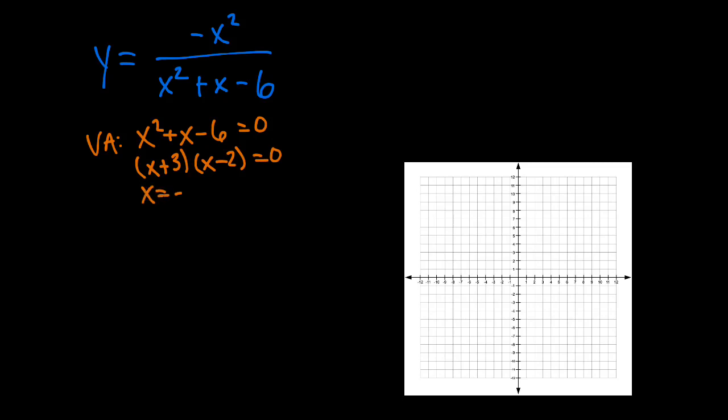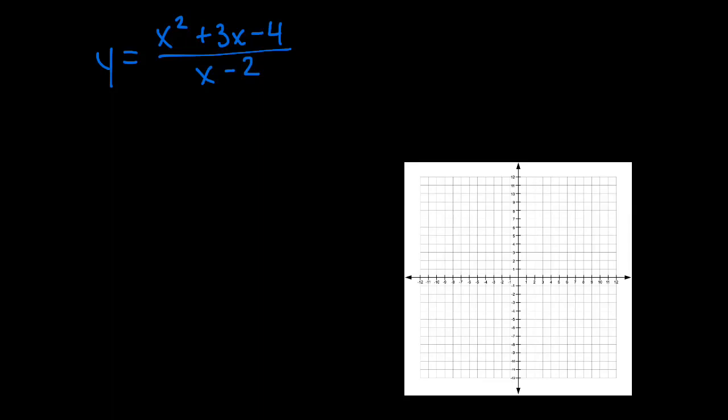So x is a negative 3, and x is a positive 2. So we have vertical asymptotes at negative 3. Those don't look very good. Oh well. And at 2. Alright, not that complicated when it comes to just finding the vertical asymptotes. That's the first step.